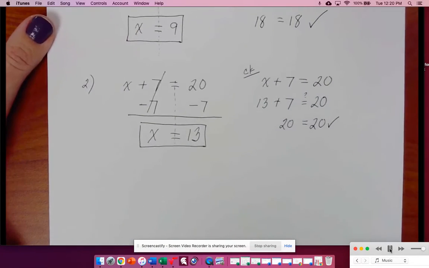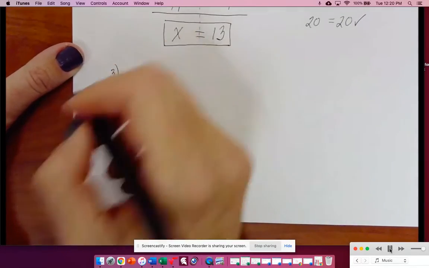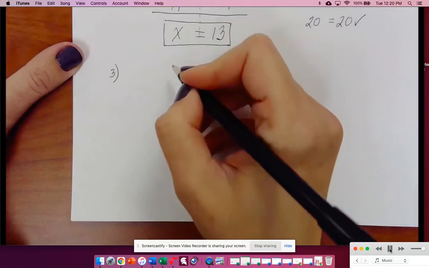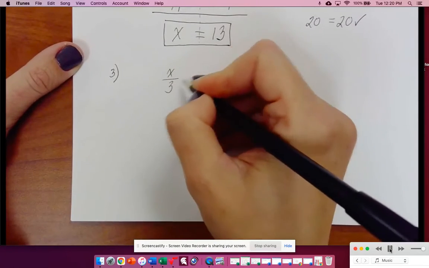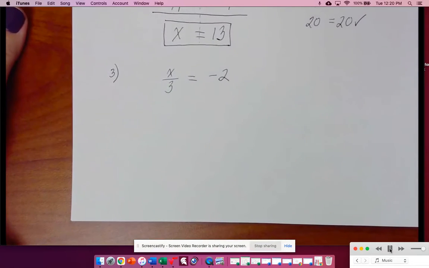Okay, one more one-step problem. This sometimes looks like a scary one. x over 3 equals negative 2. That's like saying x divided by 3 equals negative 2. Now, what is the opposite of dividing by 3? Multiplying.